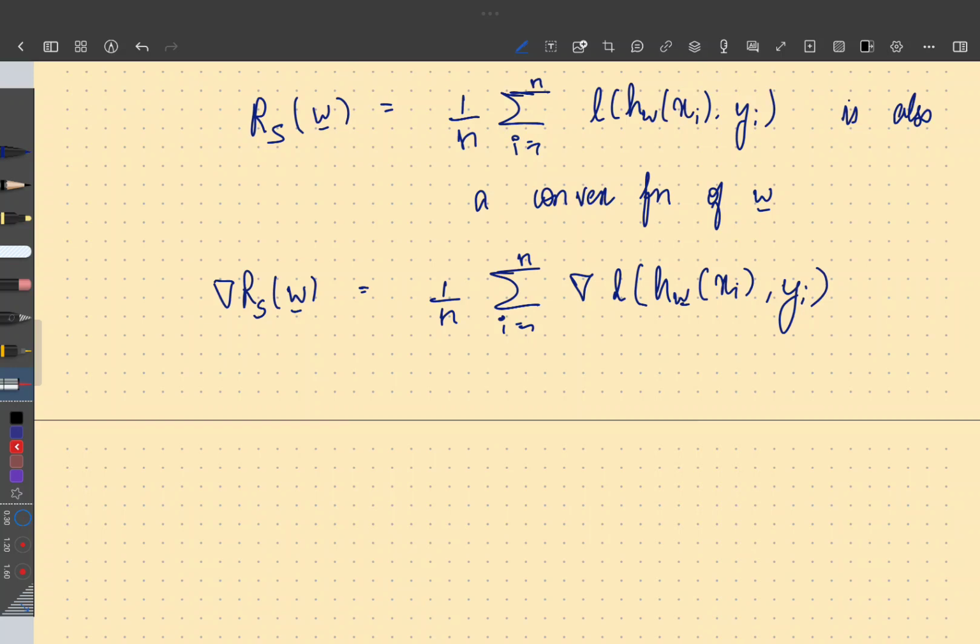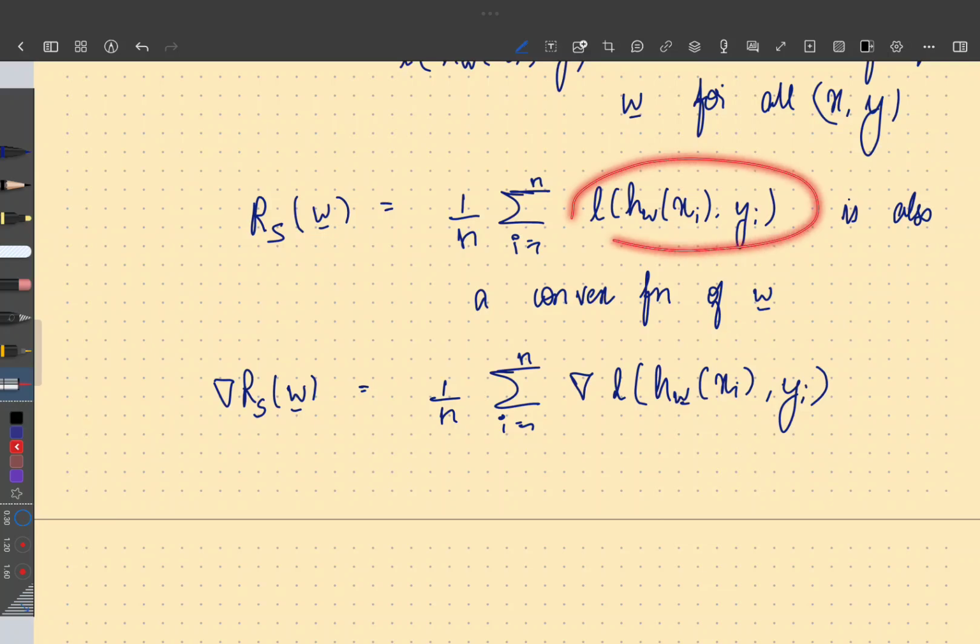For each x_i, corresponding to each x_i, this term is convex, right? So there is one function corresponding to each data point. This is to be viewed as a function of W, all of the free parameters in your predictor. And the empirical risk is a sum of these, or an average of these convex functions. And a fundamental result in convex analysis says that sums of convex functions are also going to be convex.